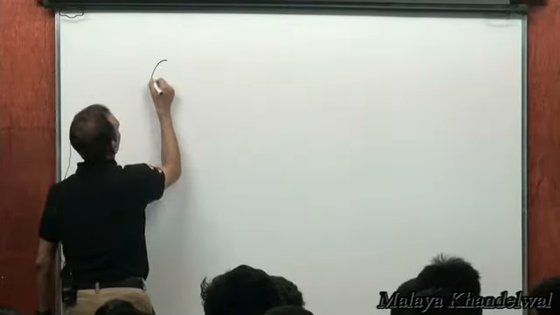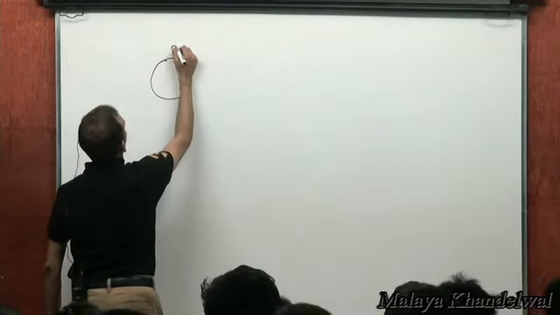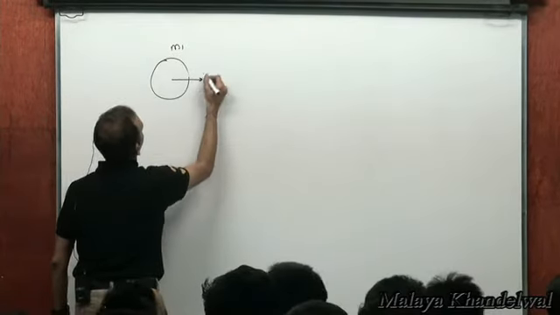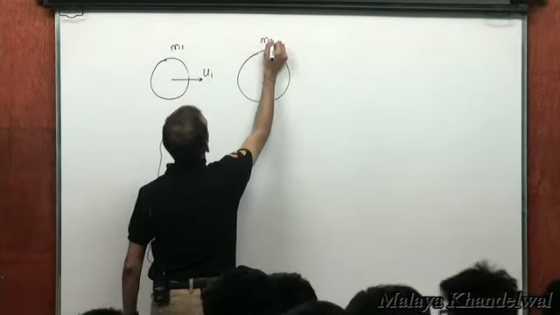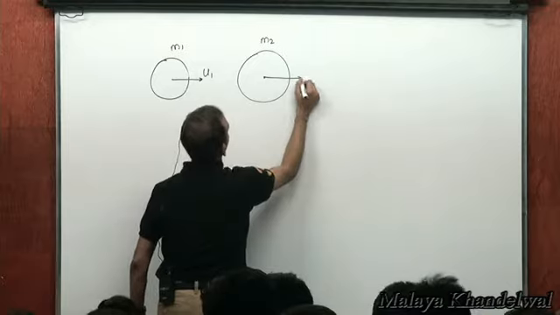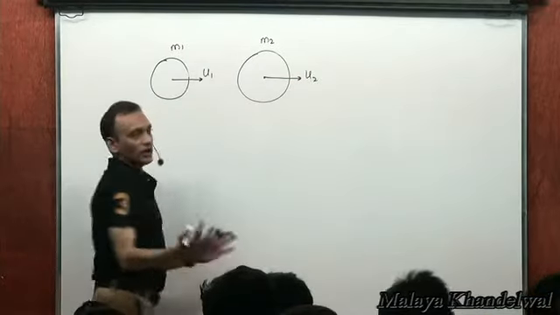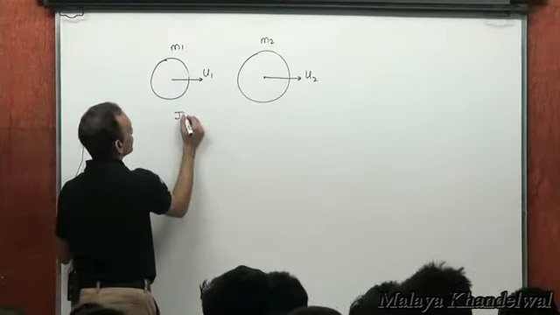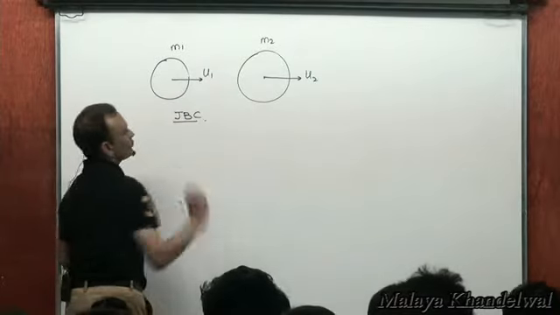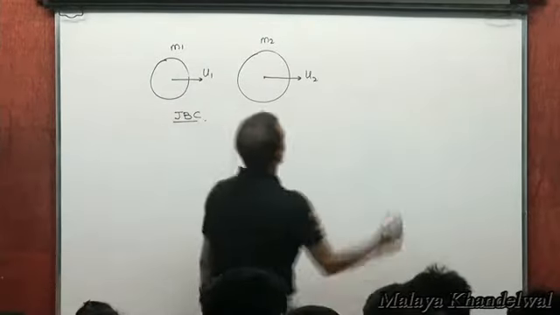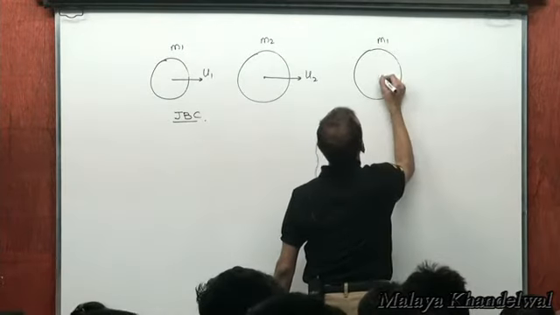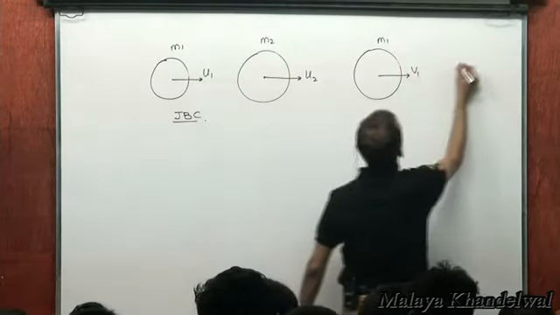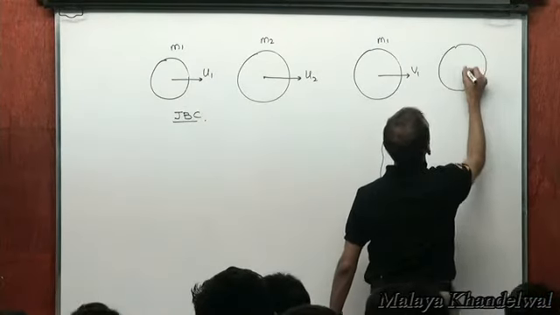So in a head-on collision, let's say, if this particle was mass m1, velocity u1, this one mass m2, velocity u2, and they collide. This is just before collision. And say, just after collision, the velocity of this becomes v1 and the velocity of this becomes v2.